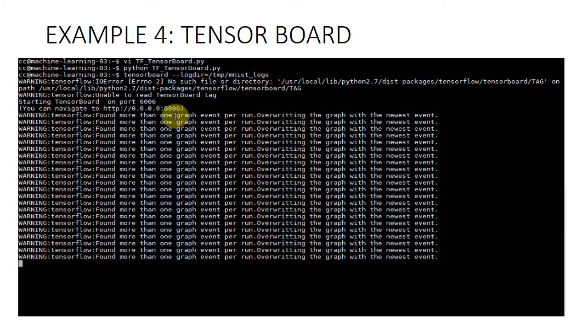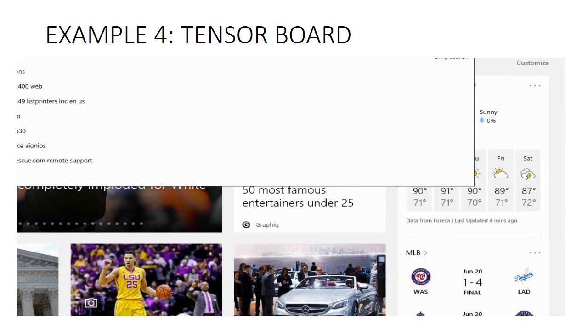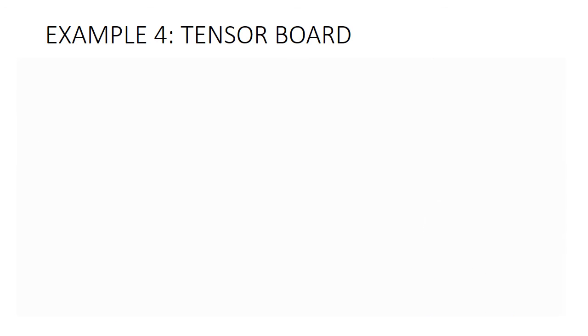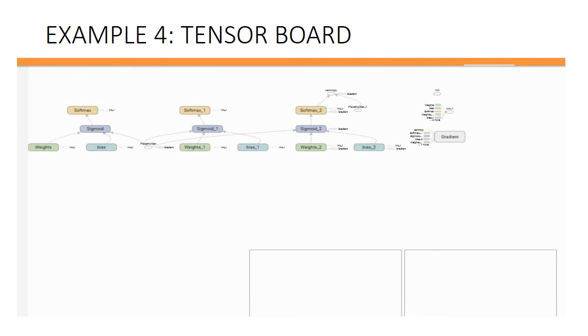So what we do is we will open our browser page and type this address with your server IP address. So I've typed my IP address and :6006, and in graphs I'll find my graph generated for the program that I just executed.